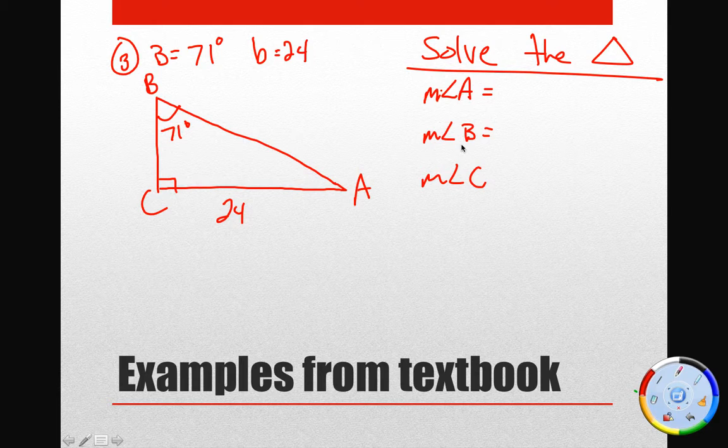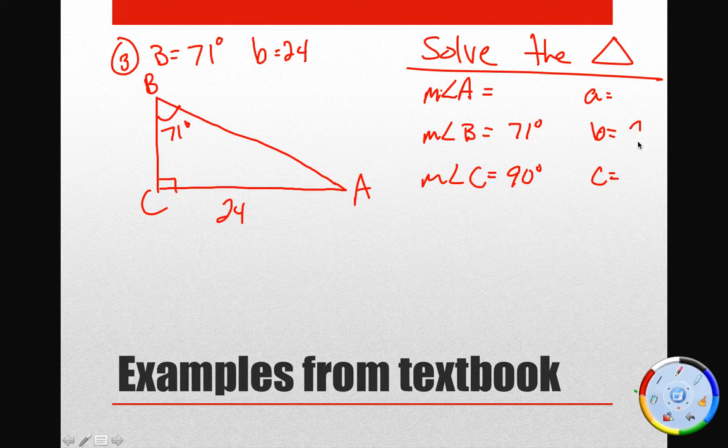So it tells you B is 71, and obviously C is 90. Really what you're trying to look for is all the missing pieces, but I like to put all of the pieces down. And then you need to find side length of A, side length of B, and side length of C.